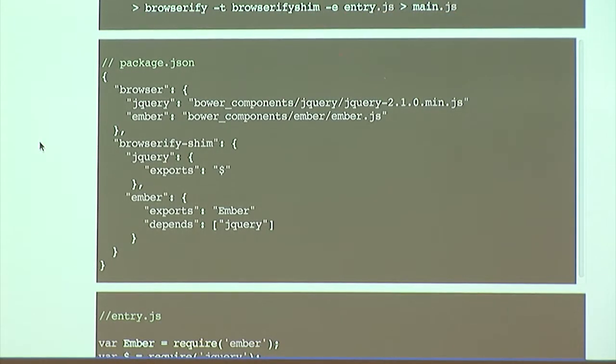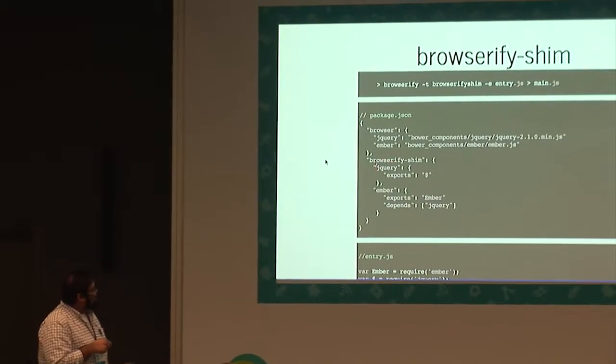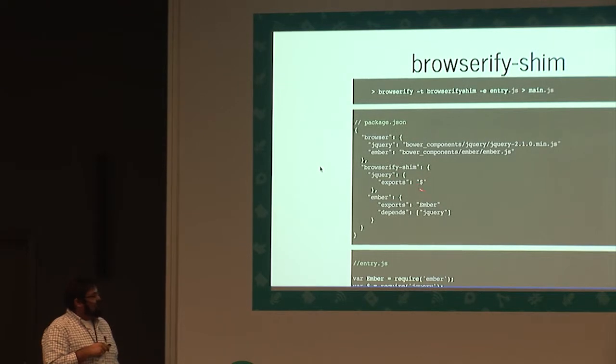Using browserify-shim, I can do something very similar to what I showed earlier using the require.js shim. Browserify-shim is another transform, similar to deAMDify, that allows you to write code that looks very similar to the previous one. I can say, I found jQuery from here, I found Ember from here, and it happens to be in Bower, not in NPM. I can configure it very similarly to the previous. I have jQuery that exports a $ sign.